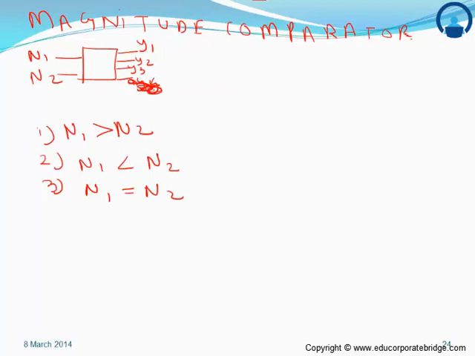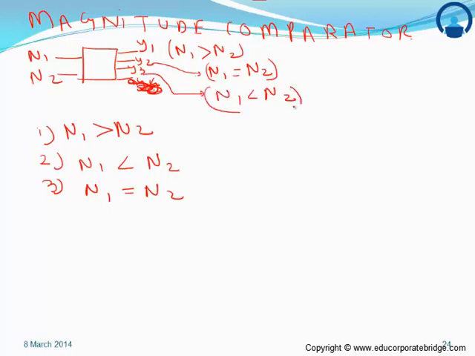So if n1 is greater than n2, we represent it as y1. Similarly, if n1 is equal to n2, let us represent it as y2. And if n1 is less than n2, we represent it as y3.